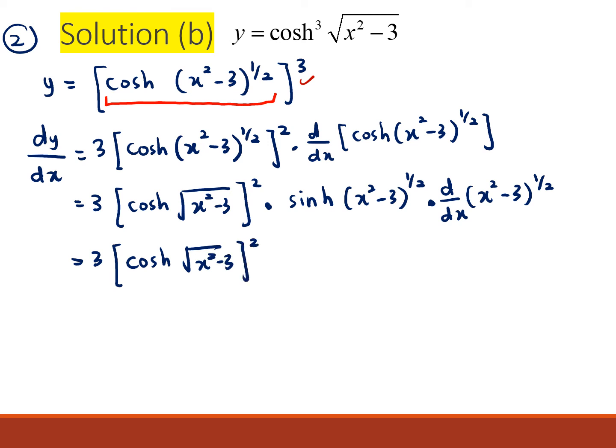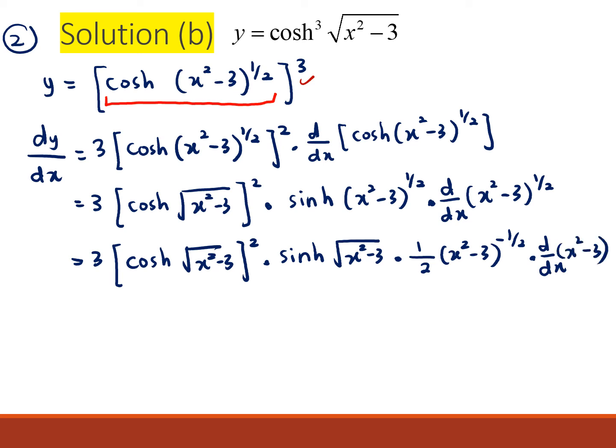The power of 2 sine hyperbolic square root of x squared minus 3, and find the derivative of this, where this will be 1 over 2 (x squared minus 3) to the power of half minus 1, which is negative half, times the derivative of the inner function, which is x squared minus 3.